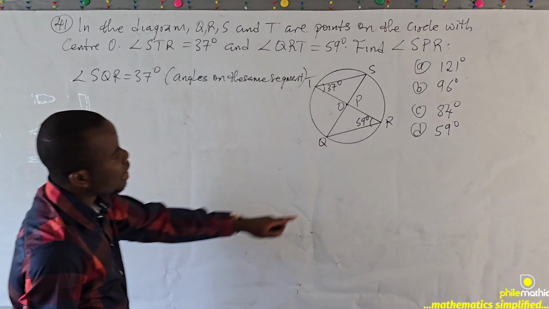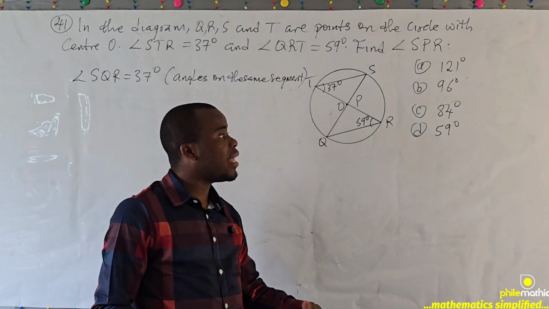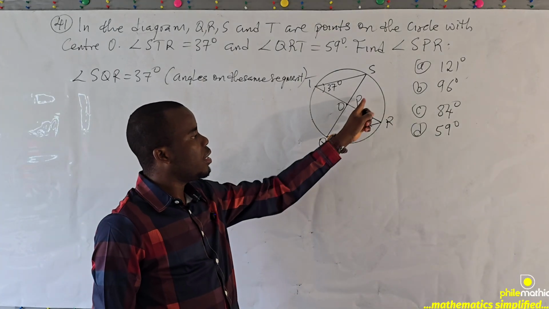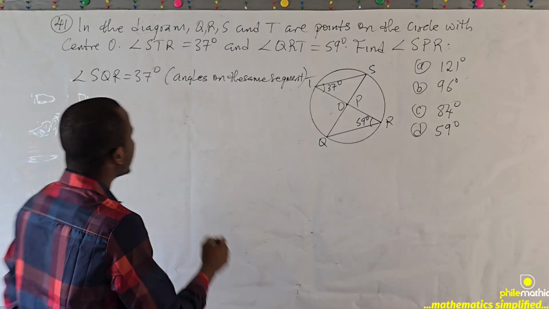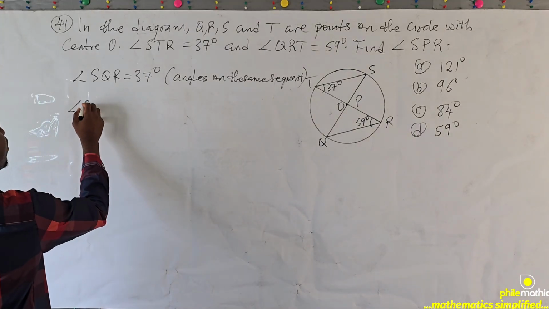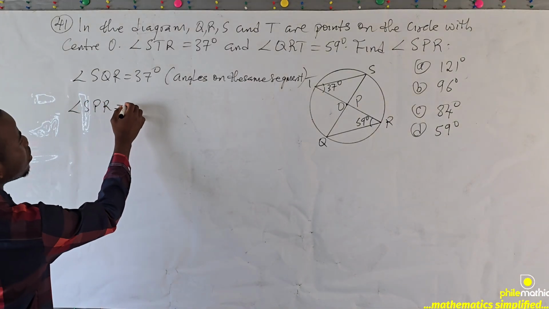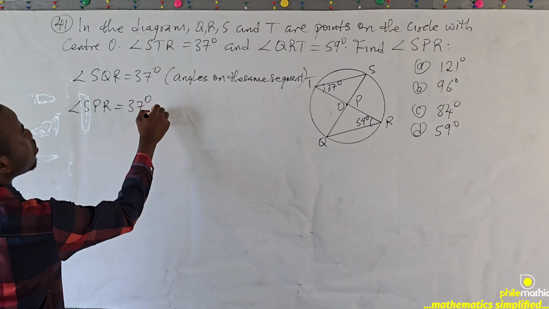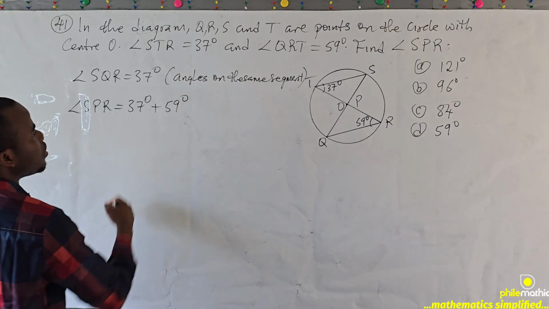And so since here is 37 degrees, from what I've explained earlier, angle P is simply this plus this. Angle SPR is 37 degrees plus 59 degrees.